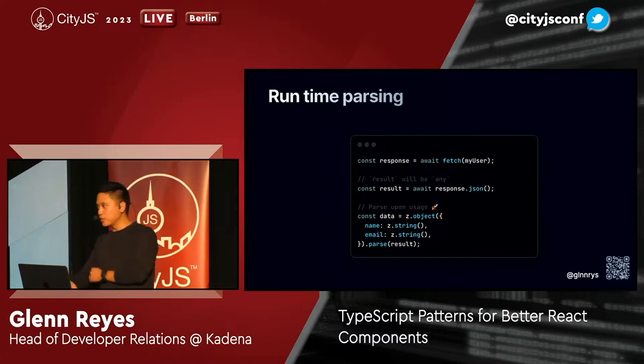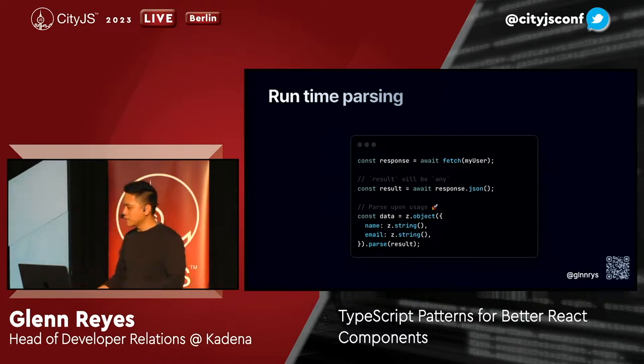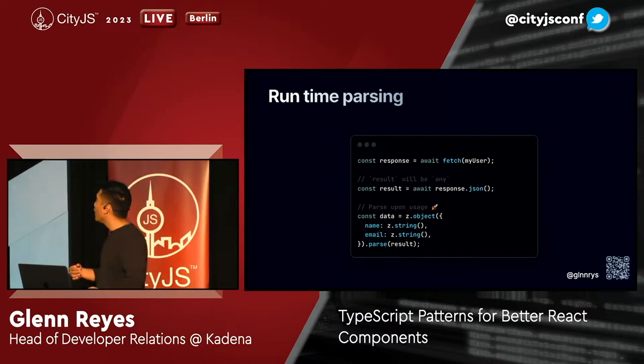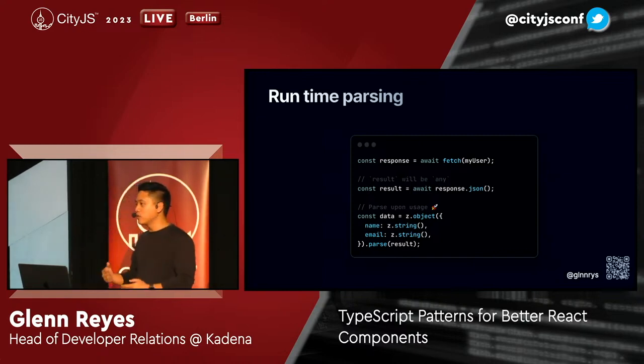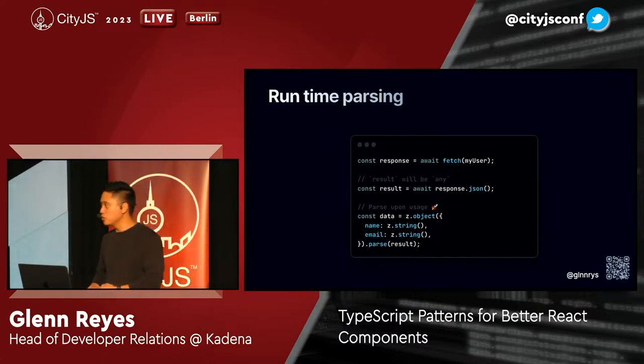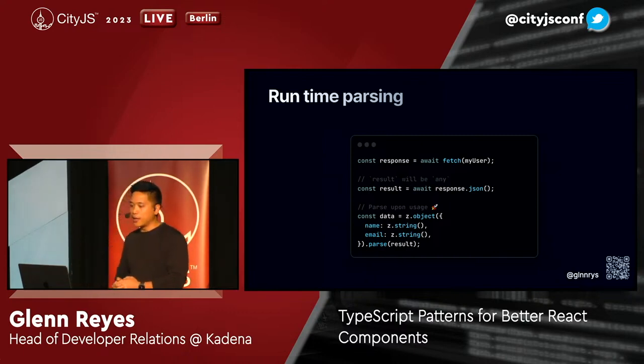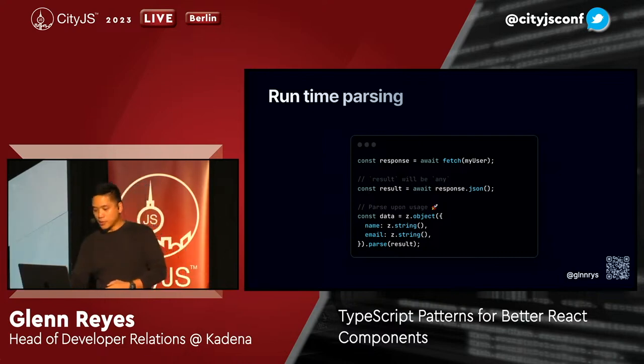You can't just assume you have a certain type. There are multiple ways to get around this, but my favorite is to use a runtime validation tool, for example Zod. I think it's very similar to what we used to use for React props, prop types. I don't know if many of you have used that or still use it, but it works in a more universal way, right?